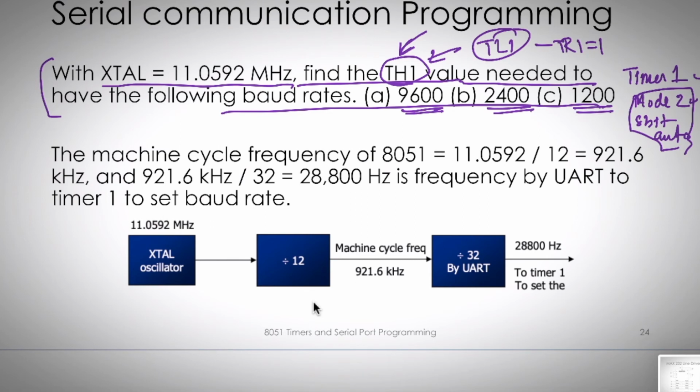So the calculation is very simple. If you remember from the timer chapter, the timer clock is equal to 1 machine cycle, or the master clock divided by 12.